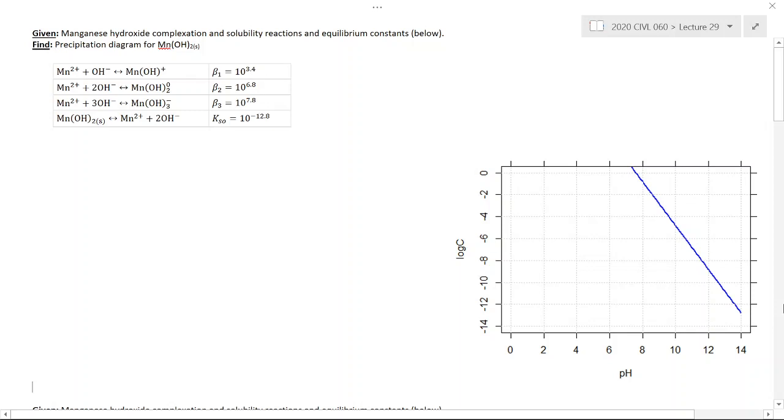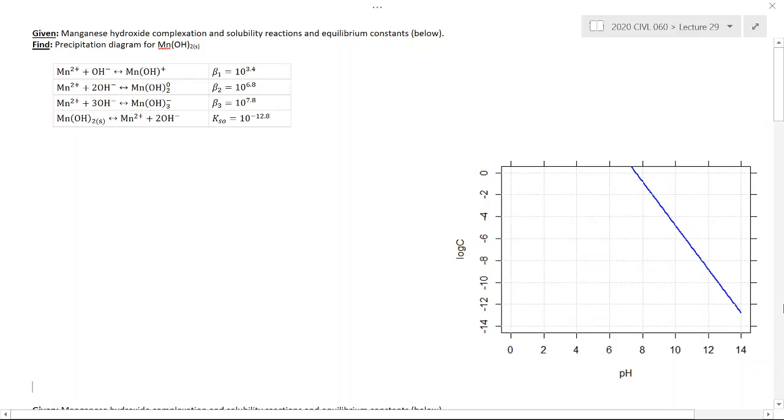Okay, so getting started here, our example is manganese. And I have shown on this table 3 complexation reactions that occur from manganese with hydroxide. And I've also shown manganese hydroxide solid and its solubility reaction.